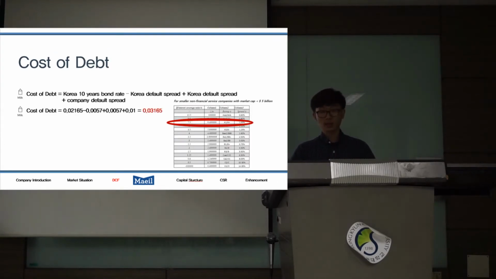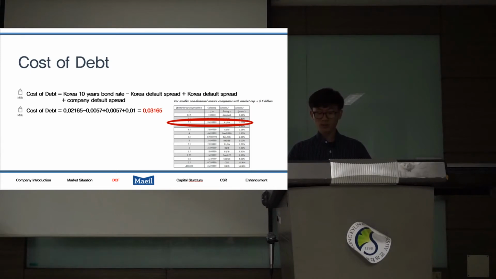The cost of debt is like this. We already have the risk-free rate and country default spread. The only thing we need is the company default spread. We can get it from a credit rating company. Moody's, one of the most eminent credit rating companies, evaluates Maeil's corporate bond as A+, and the corporate default spread for A+ is 1%.